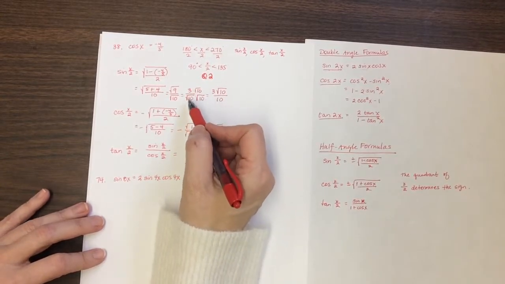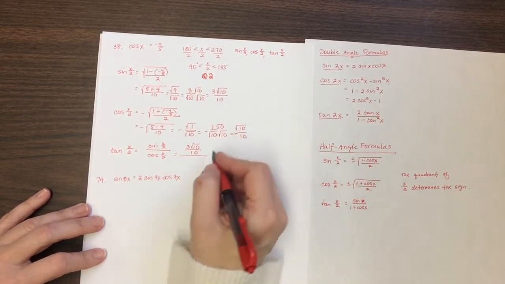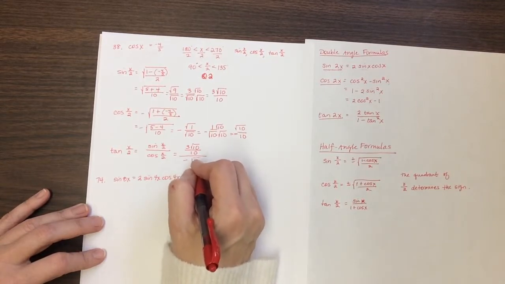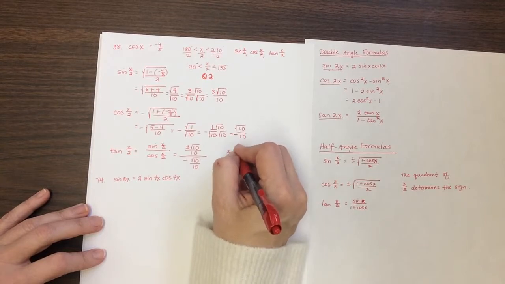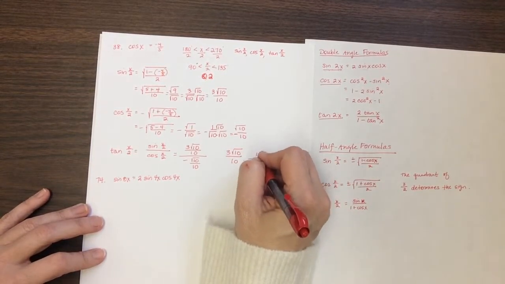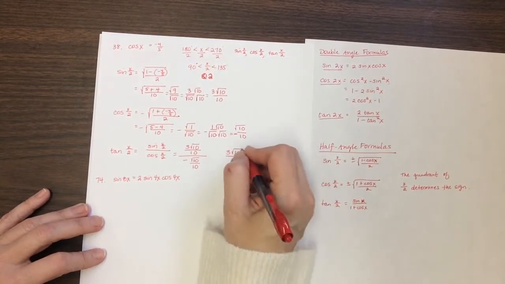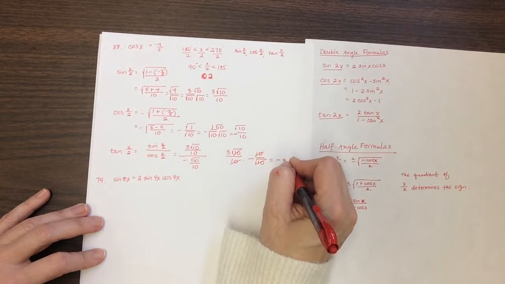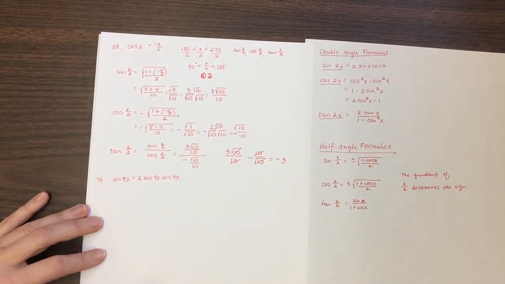And really I could use the unsimplified version and it would make it a lot easier. And that is negative square root of 10 over 10. When I flip this and multiply, that all goes to negative 3. Okay?